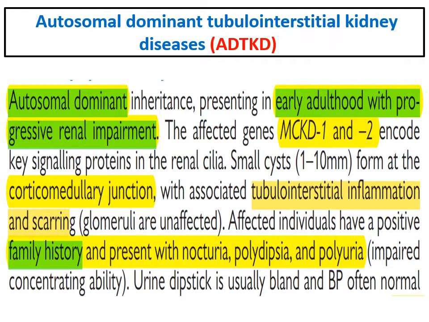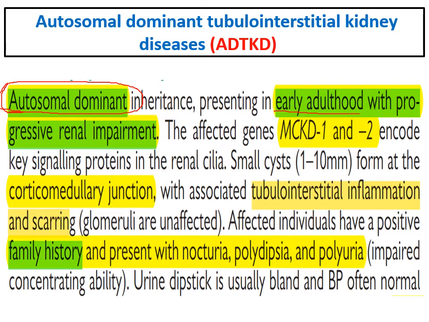Let us talk in depth about this medullary cystic kidney disease, or autosomal dominant tubulointerstitial kidney disease. It is inherited as an autosomal dominant pattern, unlike nephronophthisis, which is autosomal recessive. It usually presents at a much older age than nephronophthisis.